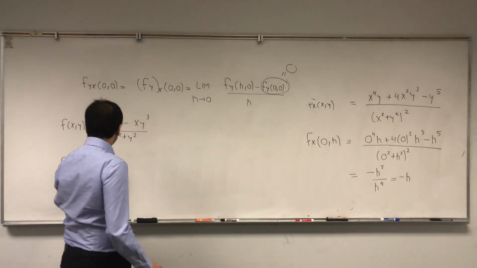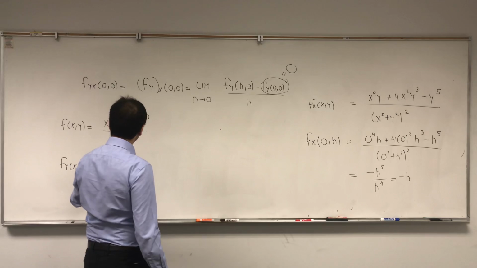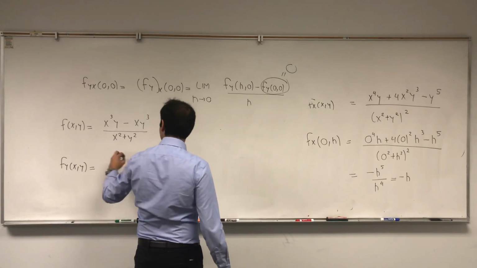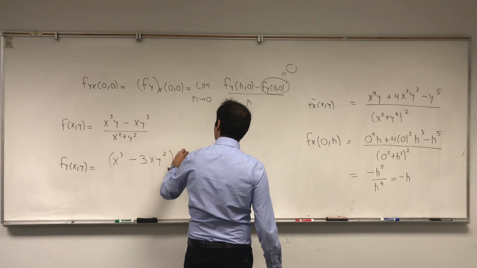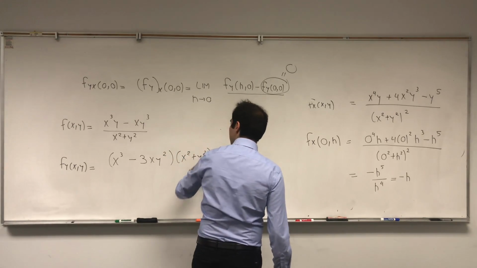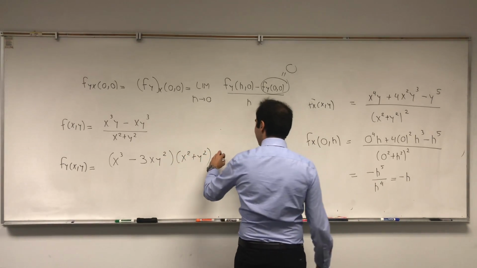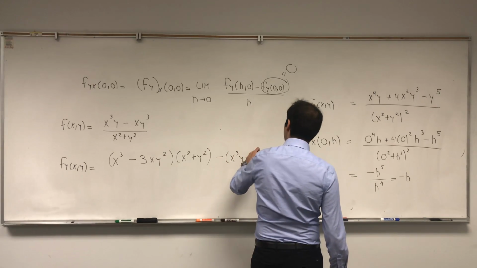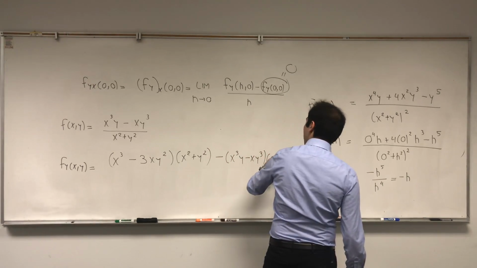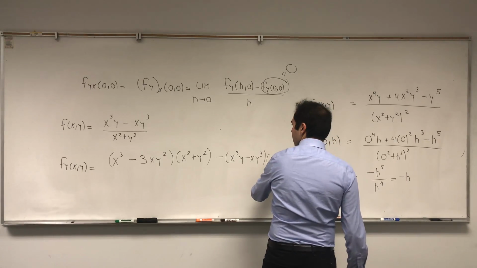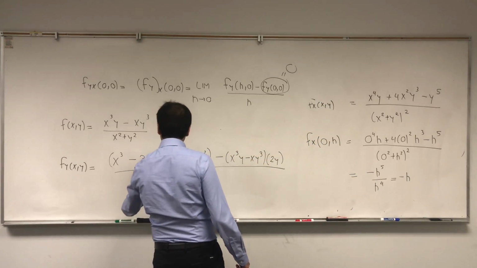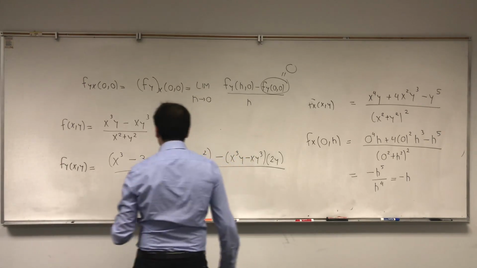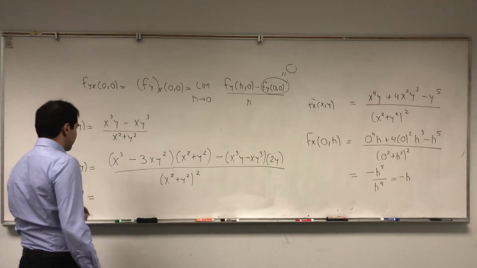So we get x cubed minus 3xy squared times (x squared plus y squared), and then minus (x cubed y minus xy cubed) times 2y, and then divided by (x squared plus y squared) squared. And again, let's expand this out.